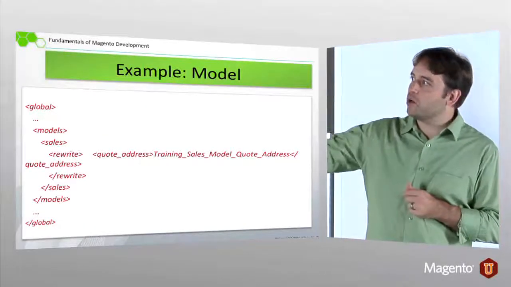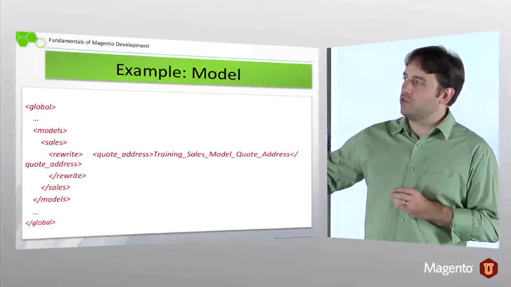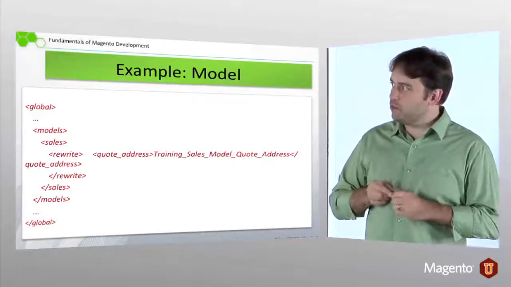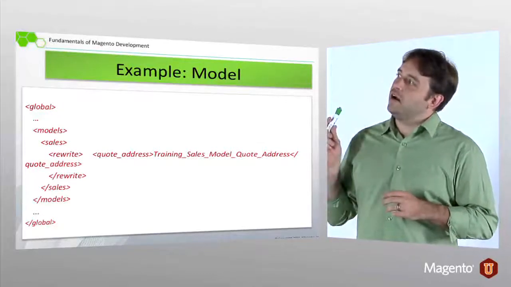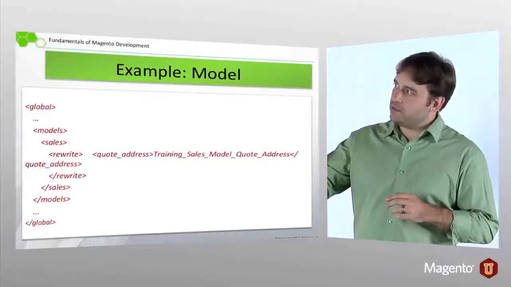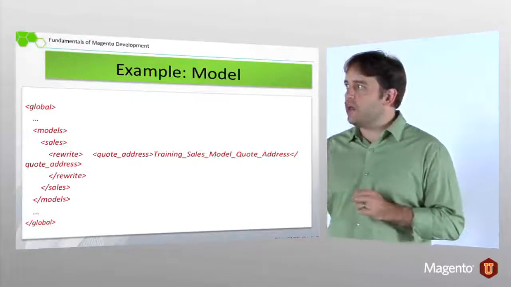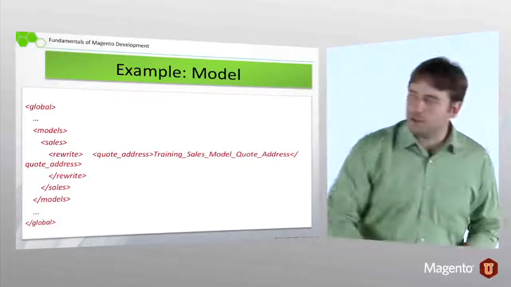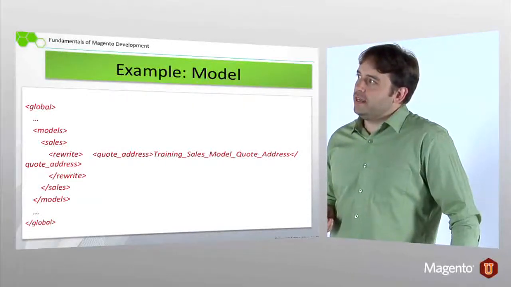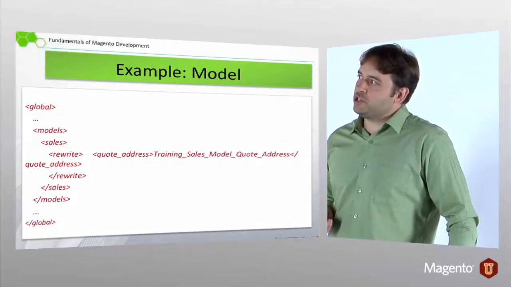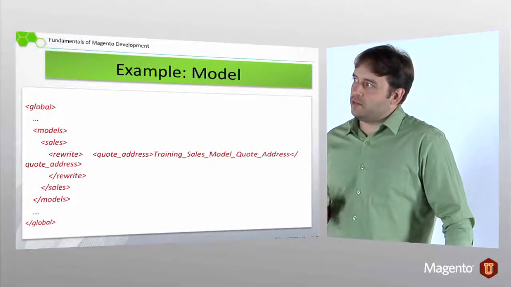So we have global, models, sales, rewrite, quote_address. If you're paying attention, the sales node should mean something to you. Where that node is originally defined is in Mage Sales's configuration file.